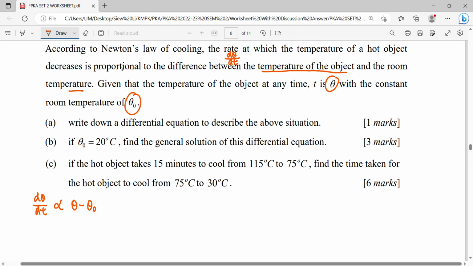So change this proportion to a differential equation. The first part: write down the differential equation to describe the above situation. When we change the proportion to a mathematical equation, it will equal a constant K times the difference. For a cooling system, it is a rate of decreasing, so your constant should be negative.